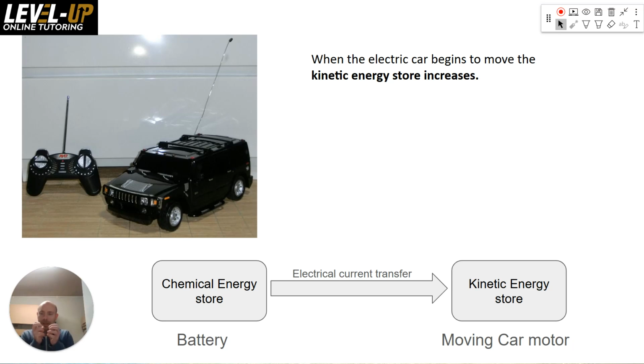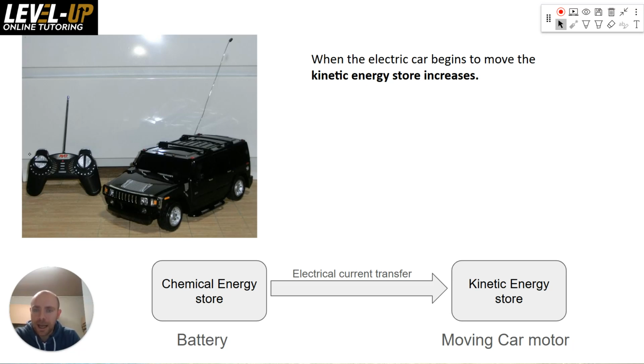Within that battery, there are chemicals that potentially can release energy into different forms. So when you turn the car on, ultimately what you're trying to get out of that car is most likely kinetic. You want that car to move. Okay, there might be flashing lights and things as well, but let's keep it simple. We want it to transfer into a kinetic energy store.